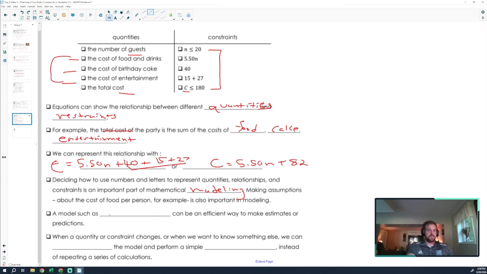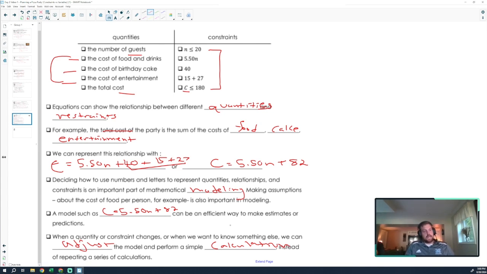A model such as the equation we came up with can be an efficient way to make estimates or predictions. When a quantity or constraint changes, or when we want to know something else, we can always adjust the model and perform a simple calculation instead of repeating a series of calculations.